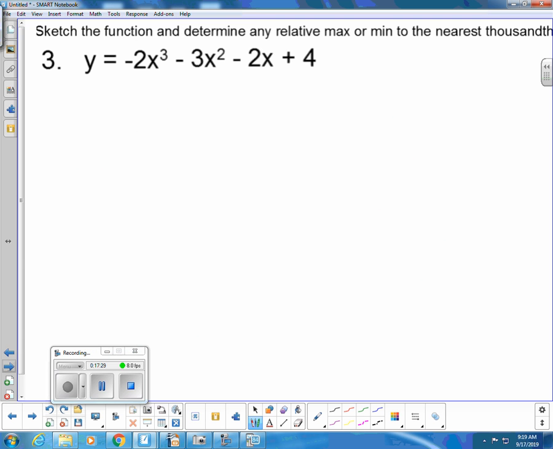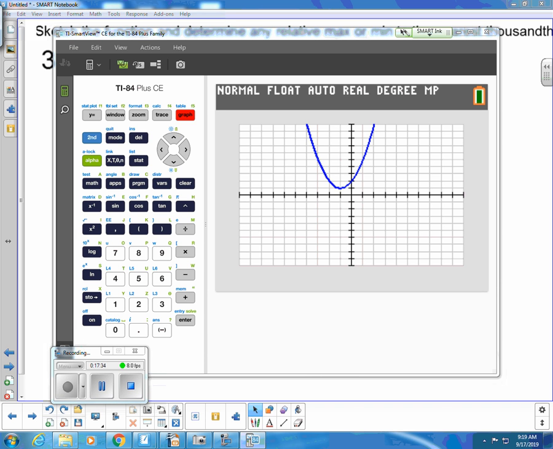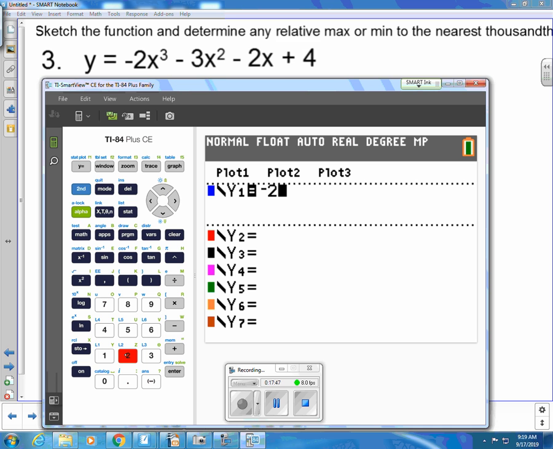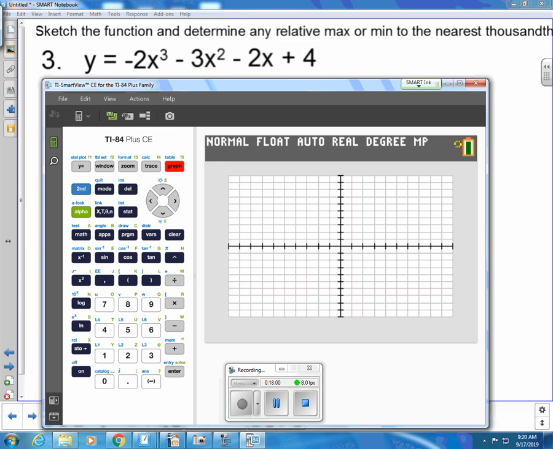All right. Determine if there's relative max or mins. So we are going to graph this, just like you did on your take-home quiz. All right, so we graph it, and you're going to find all the maxes and mins. Doesn't appear to be one.